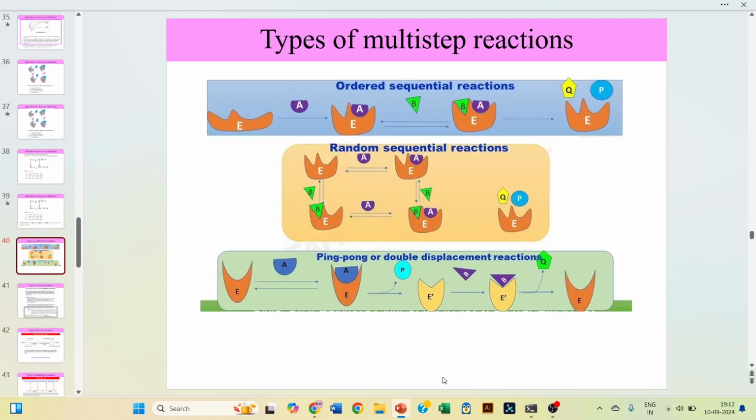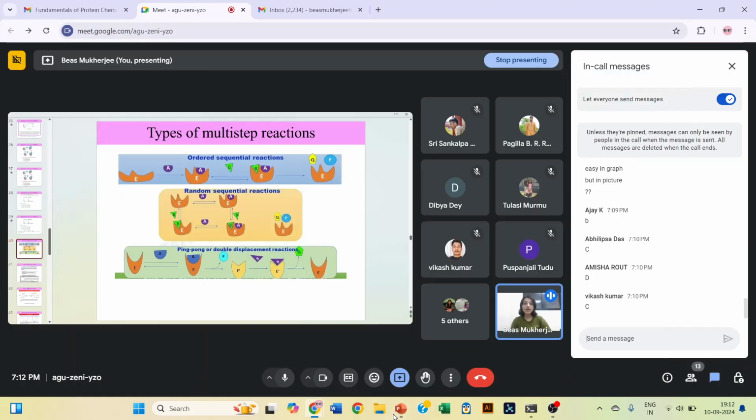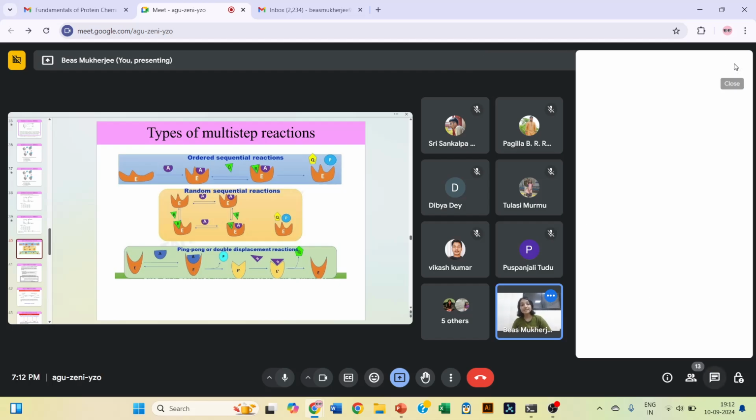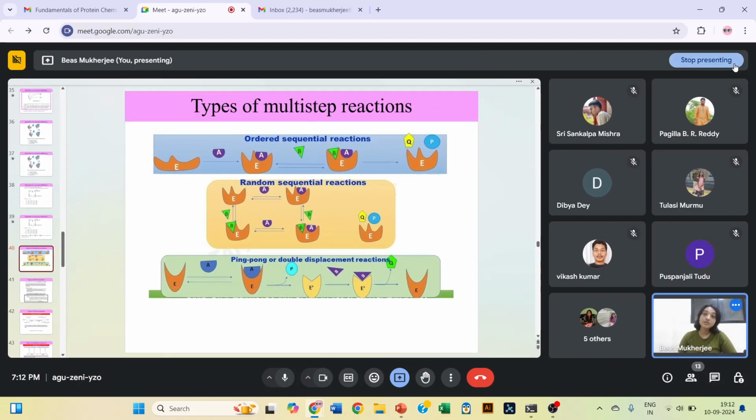Okay. Now we go to another very interesting topic, that is what happens if there is more than one substrate in a reaction. It is a multi-step reaction. There can be different kinds of multi-step reactions, and you know that for these, the Michaelis-Menten equation does not hold good.